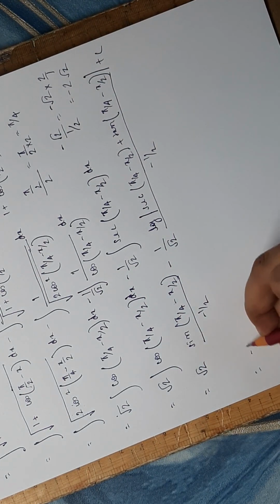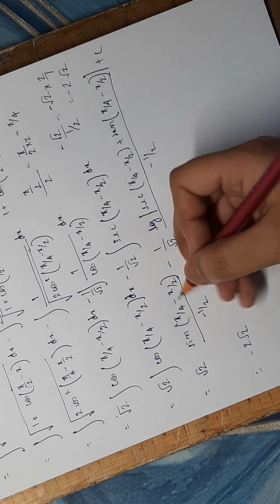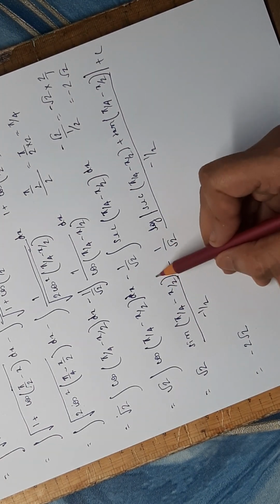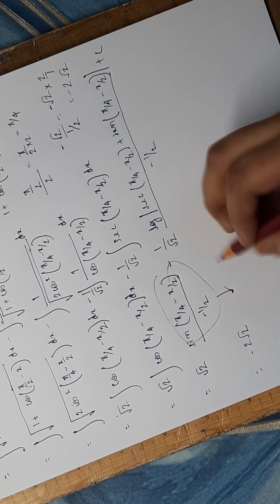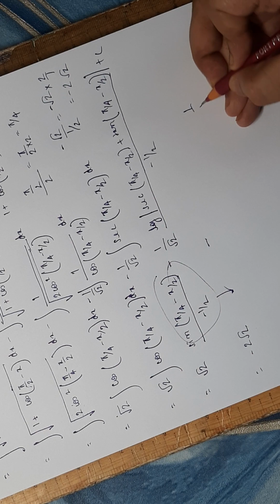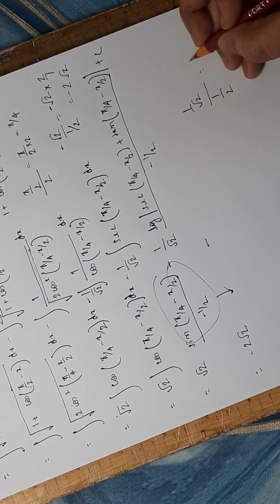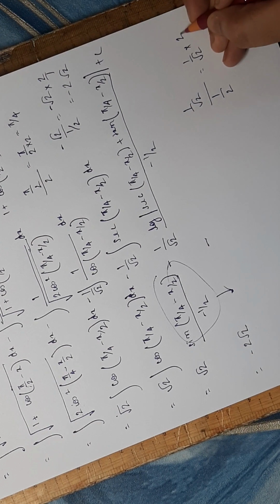So here we will be having minus 2 root 2, and this particular thing will be as it is. Just place it here, minus of, again here we have 1 by root 2 divided by half. So we will be getting 1 by root 2 into 2 by 1.